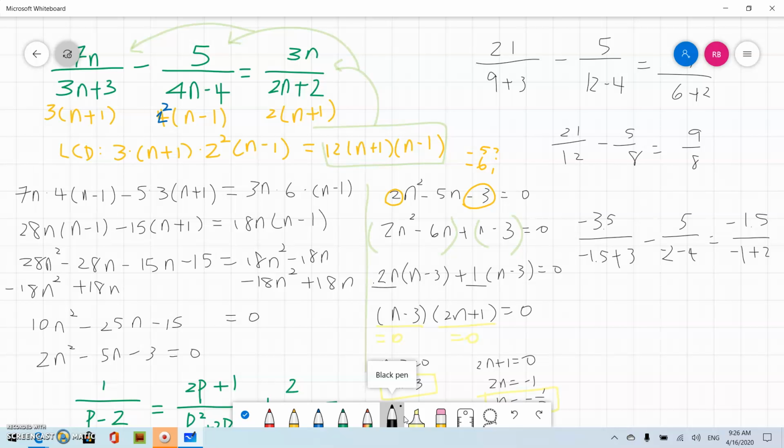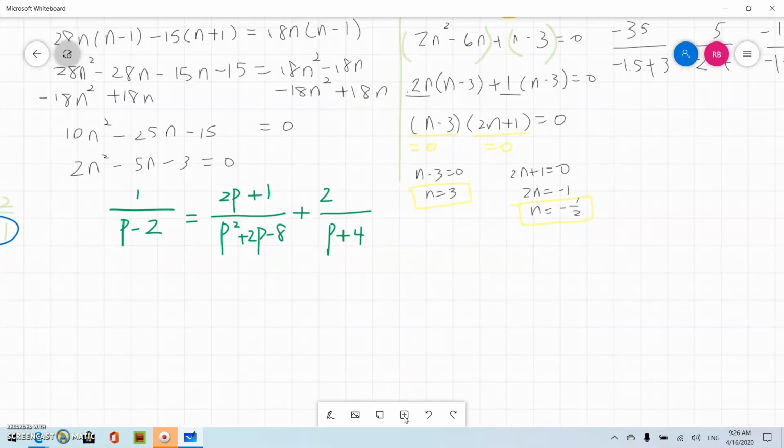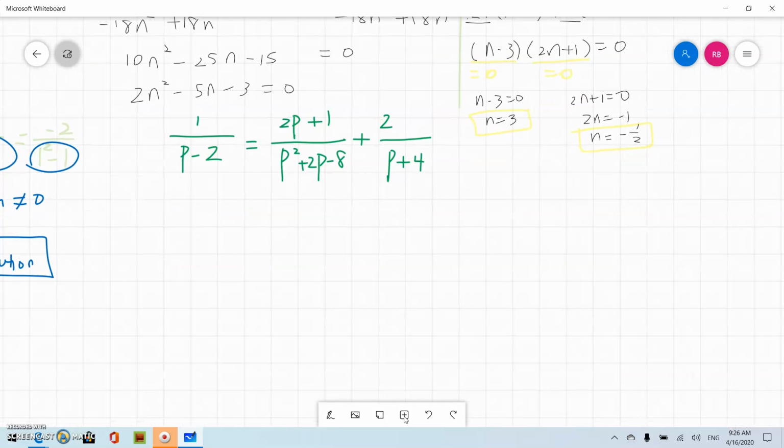So again, I'm just going to check quickly on my calculator, and I hope you do that when you're solving your homework problems. And also, it is correct. So I have two answers for this problem: n equal 3 and n equal negative 1/2. So they are both my answers.